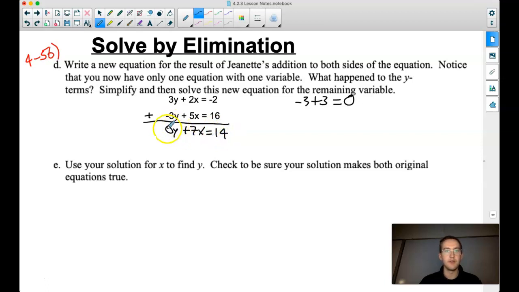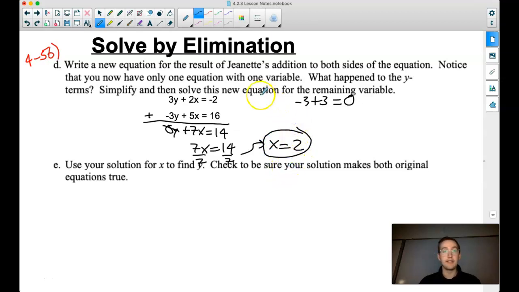So then our 0y, that's 0 times y, so that just goes away. So we are left with 7x is equal to 14. And now all we have to do is solve for x. That's pretty easy, I think. We just got to divide by 7 on both sides. So that means our solution for x is equal to 2.